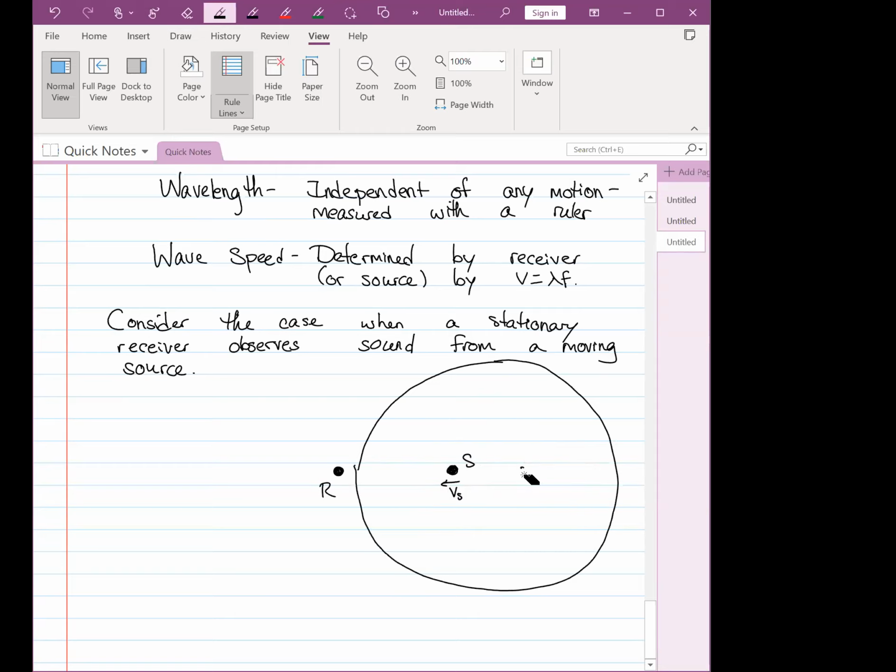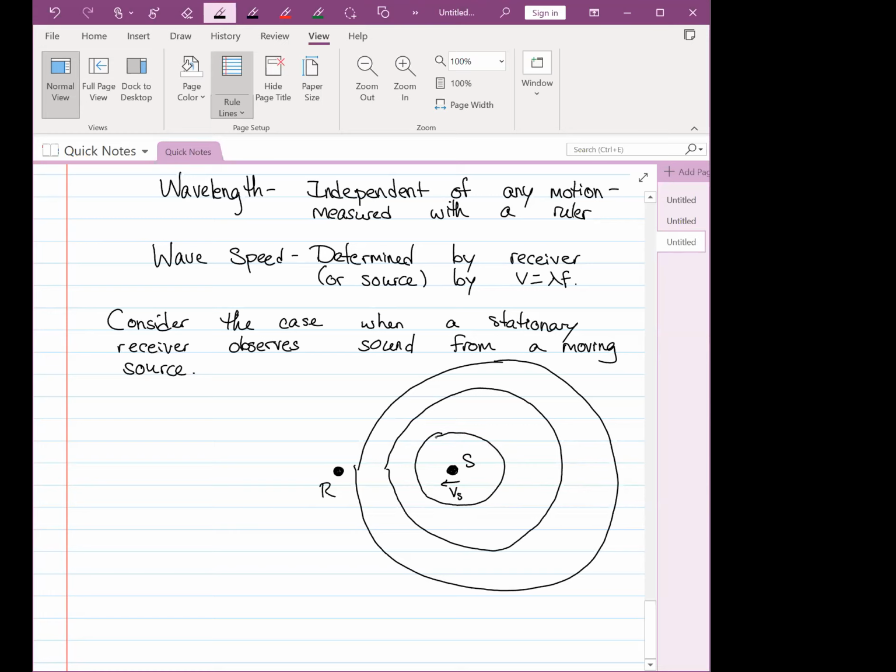Notably, it's not centered on the source anymore, because the source has moved in the time that the wave has traveled. And then the next one might be, say, here. Again, it's still not centered, but it's closer. The next one might be here, which is closer to the center because it was emitted more recently, and so on.